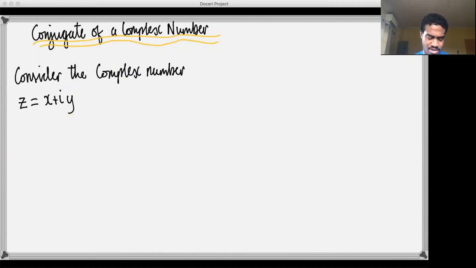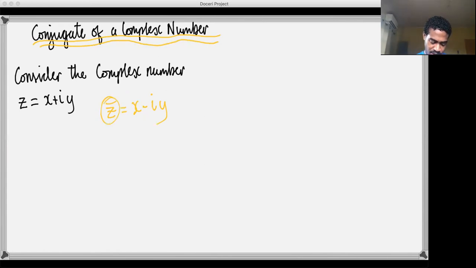The conjugate of this complex number is simply a change in sign between the real and imaginary part. That is it. That's what you need to remember and understand. It's a change in sign here. So if your sign was positive as it is here, the conjugate will just be x minus iy. But how we'd like to denote the conjugate of the complex number is by z bar.